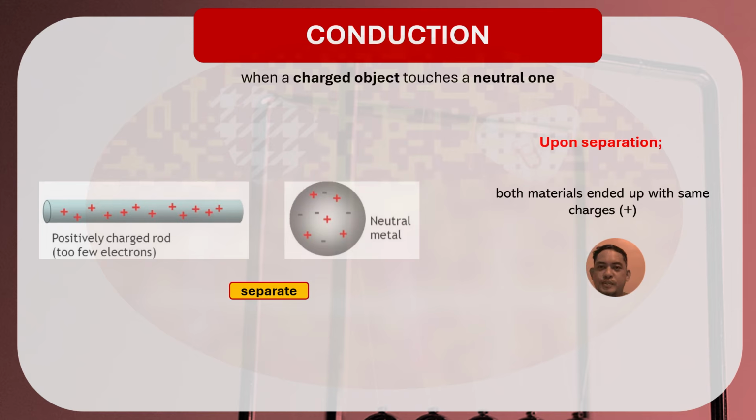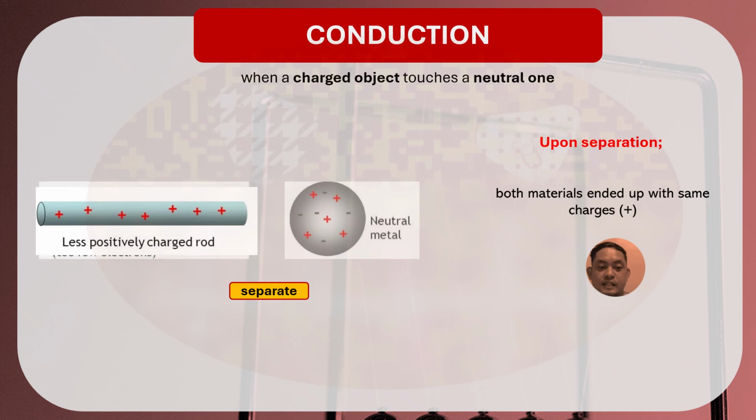Just like our previous example, where the negatively charged ruler touched another object, after conduction, when we separated them, both objects became negatively charged. In this case, we use a positively charged object. It touches the neutral metal, and once separated, both will become positive.